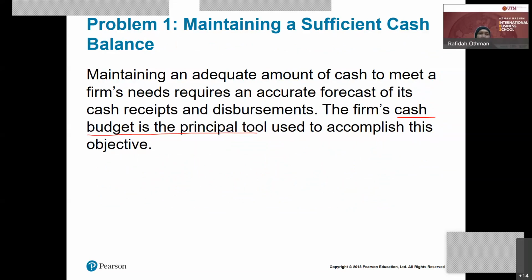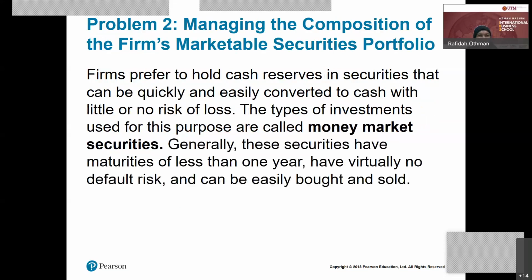Then, managing the composition of the firm's marketable security, you have it in terms of money market security. For instance, you have it in FD. In FD, you may look into this in terms of maturity and composition.